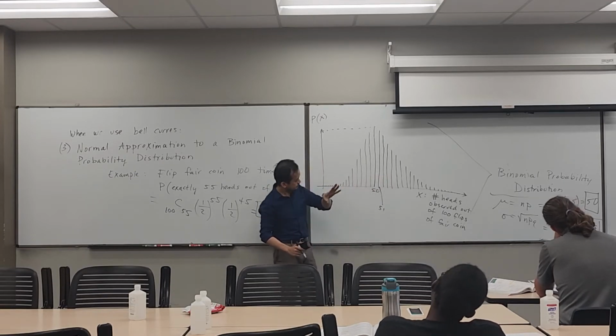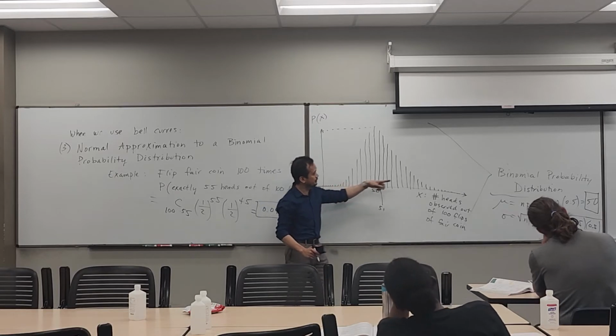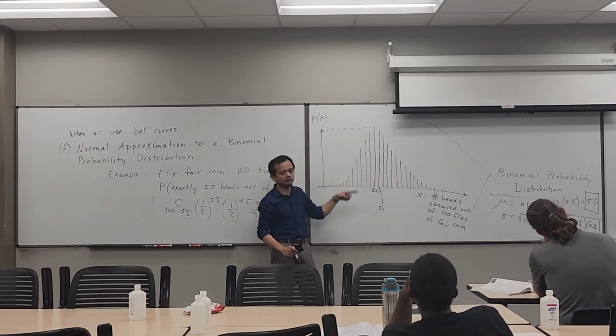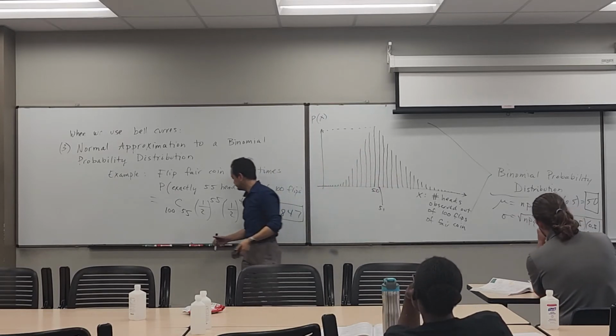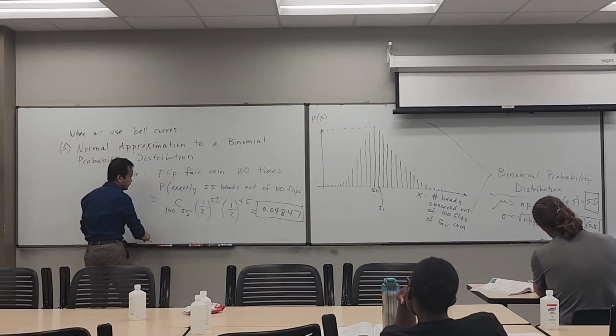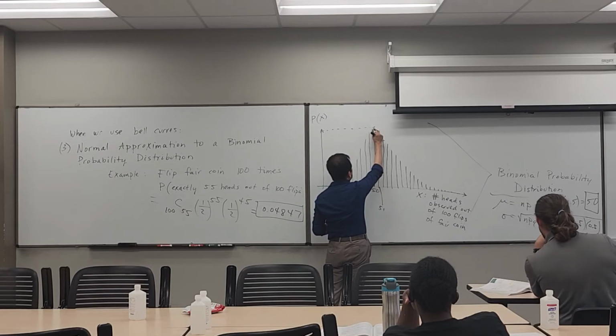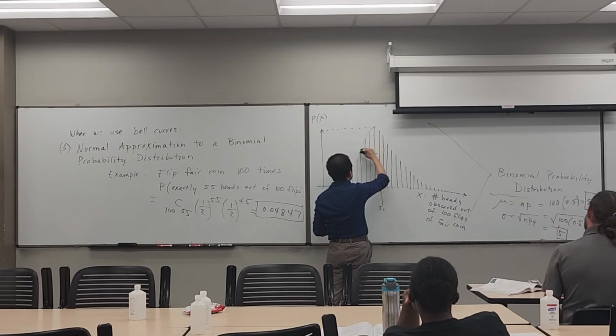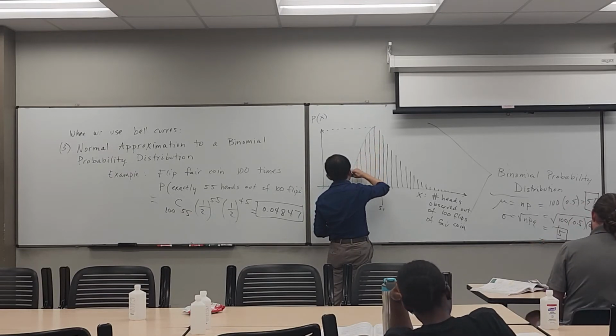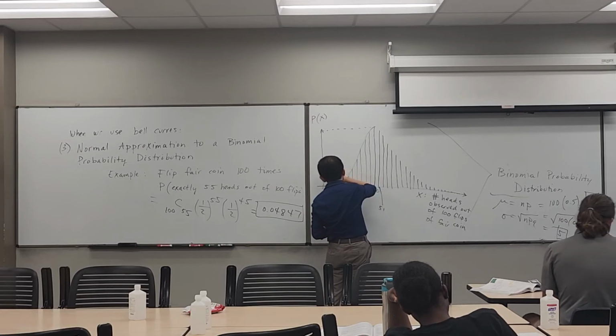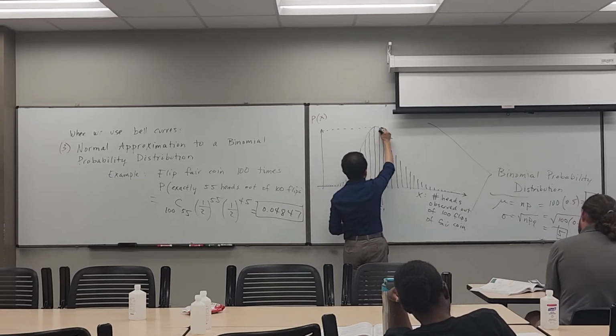If you were to stand far away and squint a little bit, this overall shape looks like what? A bell curve. Yeah, it looks like a bell curve. So if you were to approximate this, the general shape of it would end up being a bell curve.